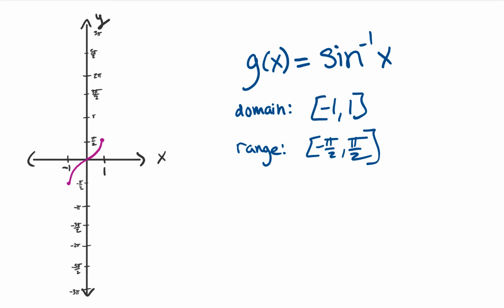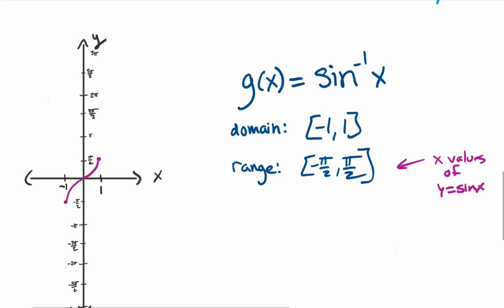Those used to be the x values of y equals sine of x, if we were to write it the other way, not the inverse. So we swapped our inputs with our outputs. These are now saying that the only angles you can have for an inverse are between negative pi over 2 and pi over 2.